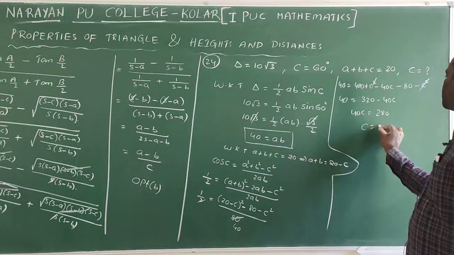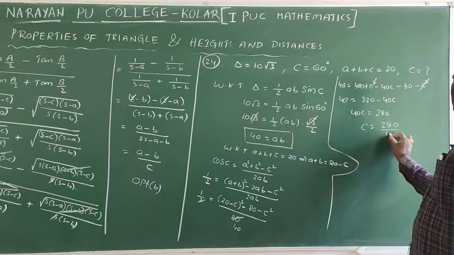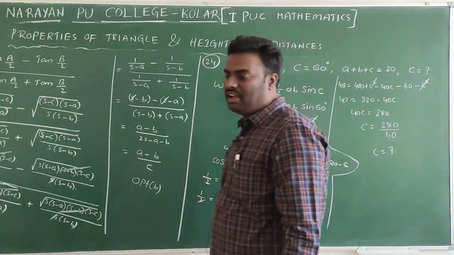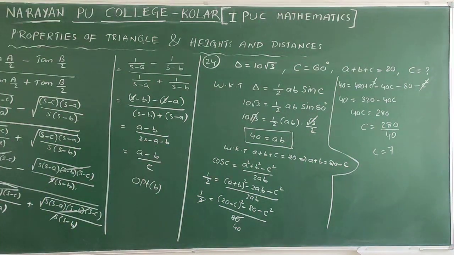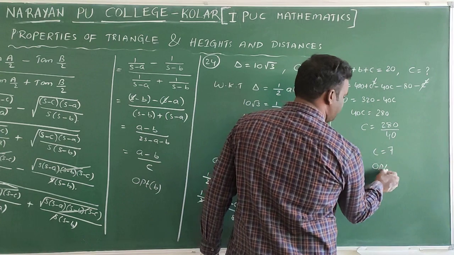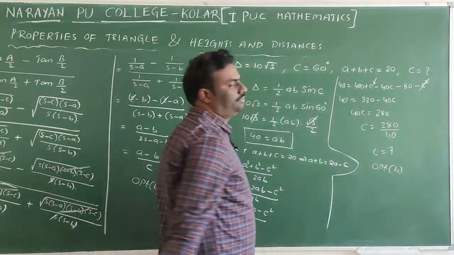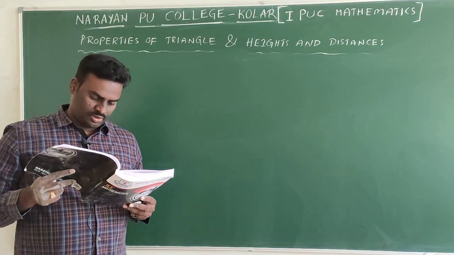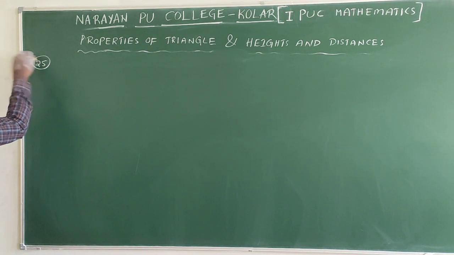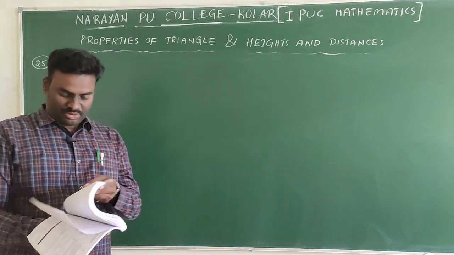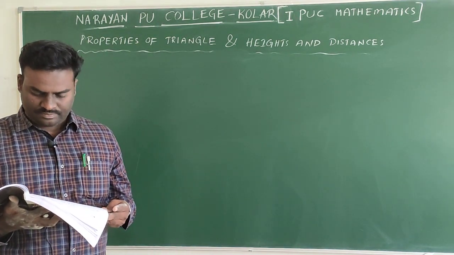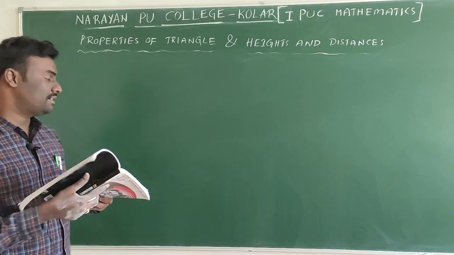Now c equals 280 by 40, 7 times cancels. So finally you will get small c value as 7 centimeters. That is nothing but option B is the correct answer. Next, question number 25. In question number 25, the area of an isosceles triangle is 9 centimeters square.